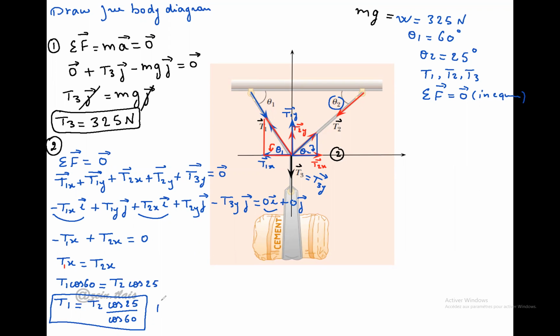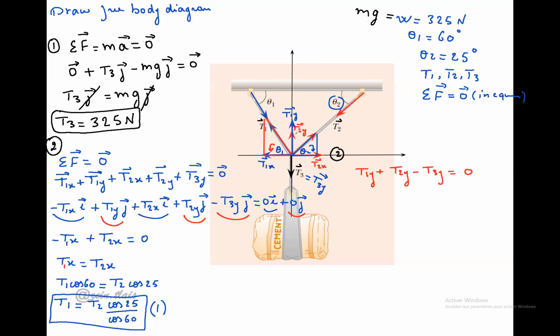Equation 1. We use the y components. We can write here T1y plus T2y minus T3y equals 0.